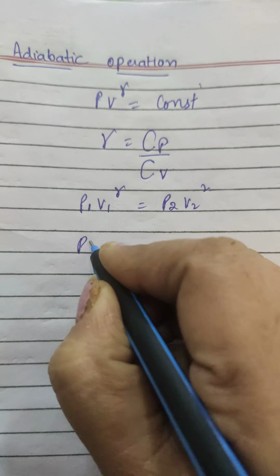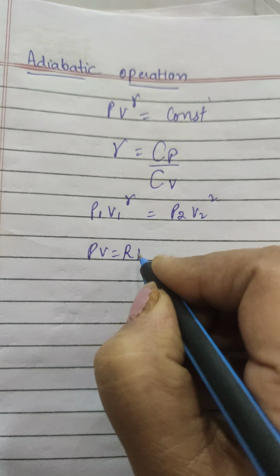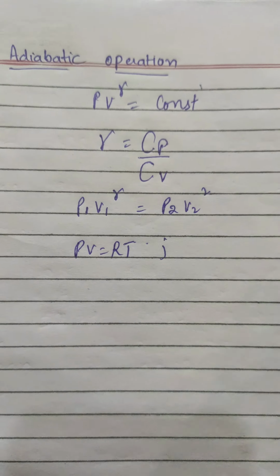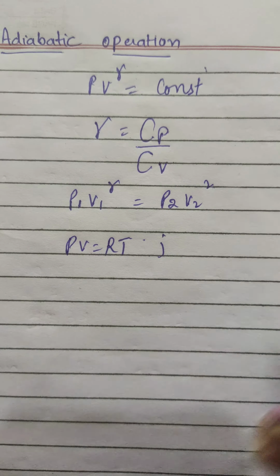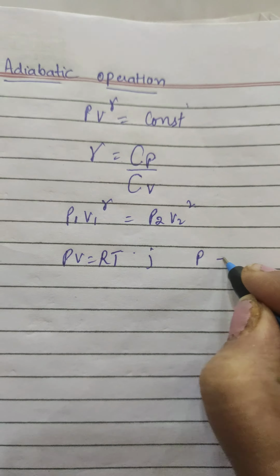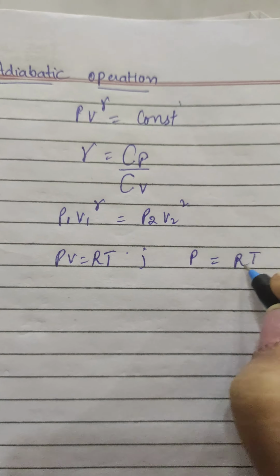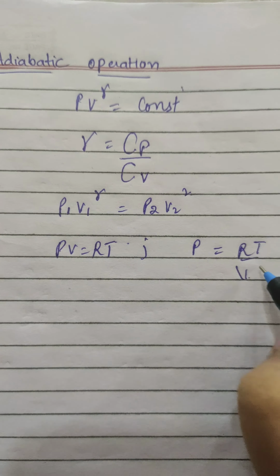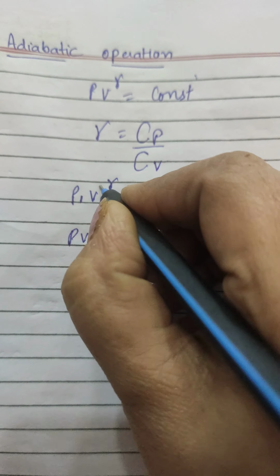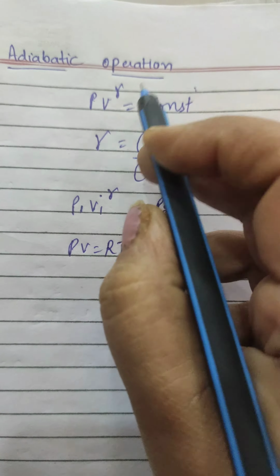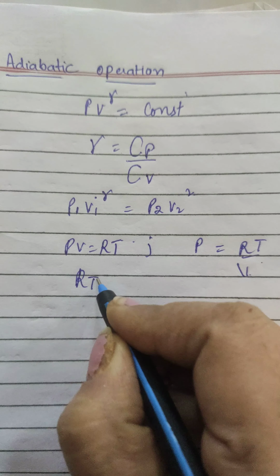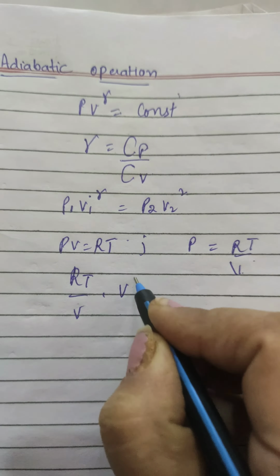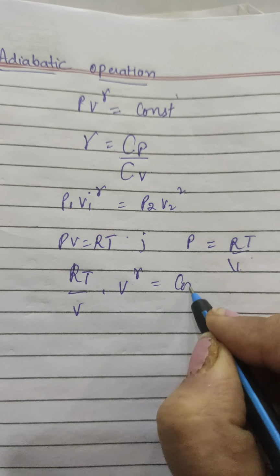Now since PV is equal to RT, which is the perfect gas equation, for finding the relation between volume and temperature, we will eliminate P. From here we can write P is equal to RT by V. Putting this value in the first expression, we will have RT divided by V, into V to power gamma, is equal to constant.